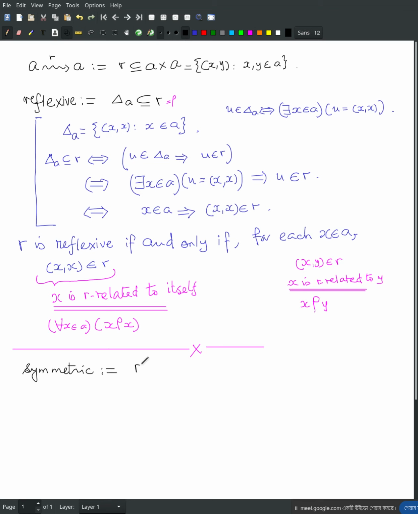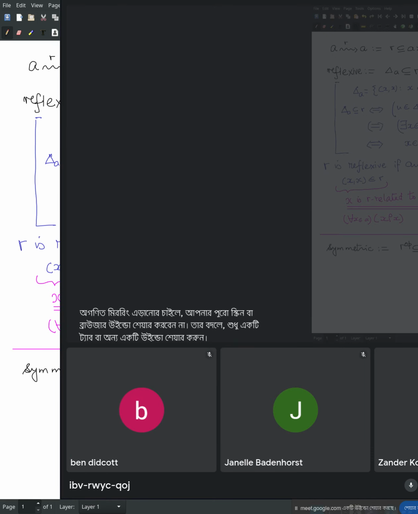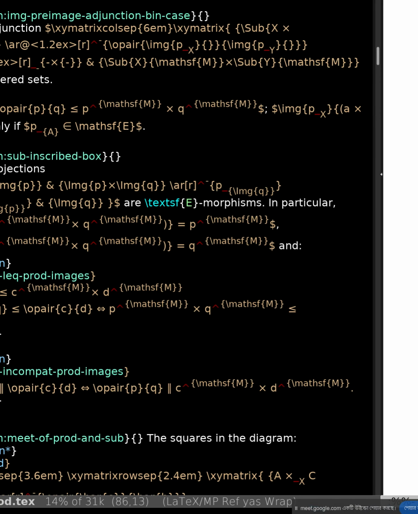So it says R op is a subset of R. Okay? Now combine this with one of the previous exercises of week 3. Which one is it? It is equation 64 and 69.